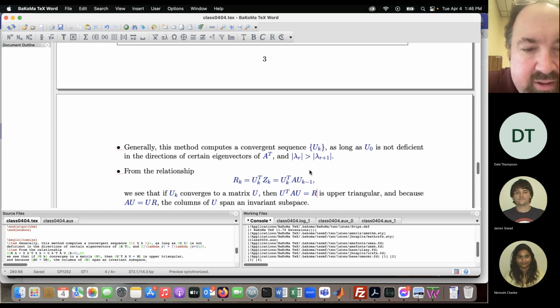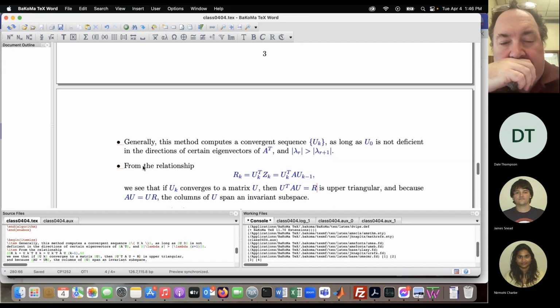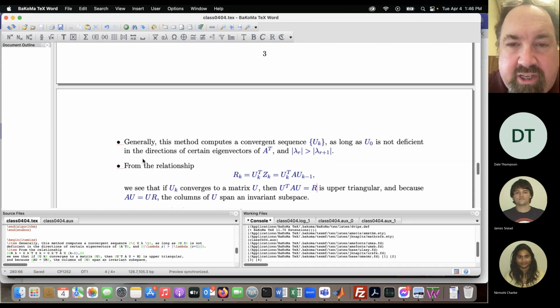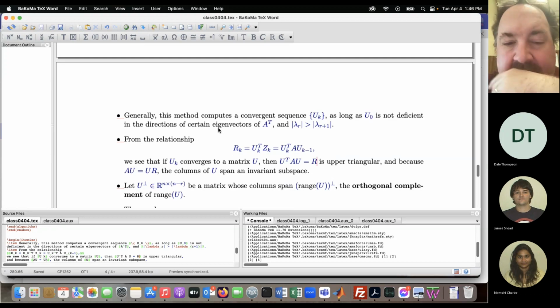But then we end up with this relationship, AU is equal to UR, and that means that, in the limit, as k goes to infinity, the columns of our orthogonal matrix converge to form an invariant subspace. So then we can take an invariant subspace and obtain eigenvectors from it.